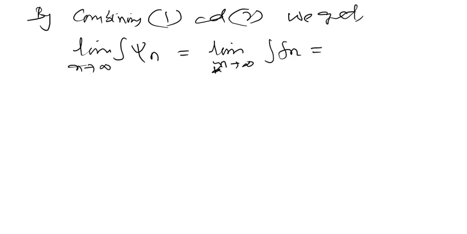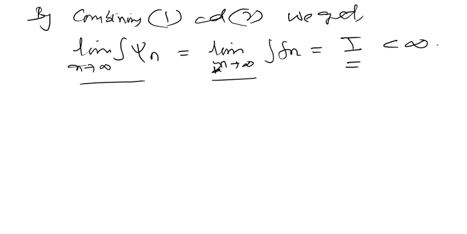But this is I, this limit which is finite. So these two are equal. This is from first and second, and this is given in the hypothesis. This is I and I is finite. So the limit is finite.